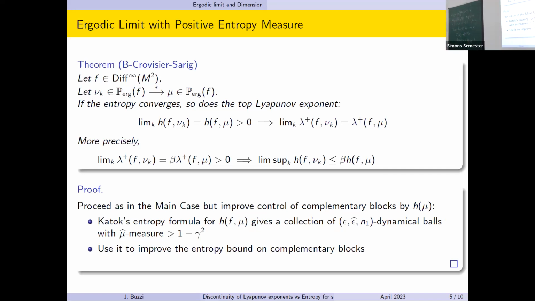And it has to do with homoclinic tangencies and the perturbative techniques that Christian told us about.